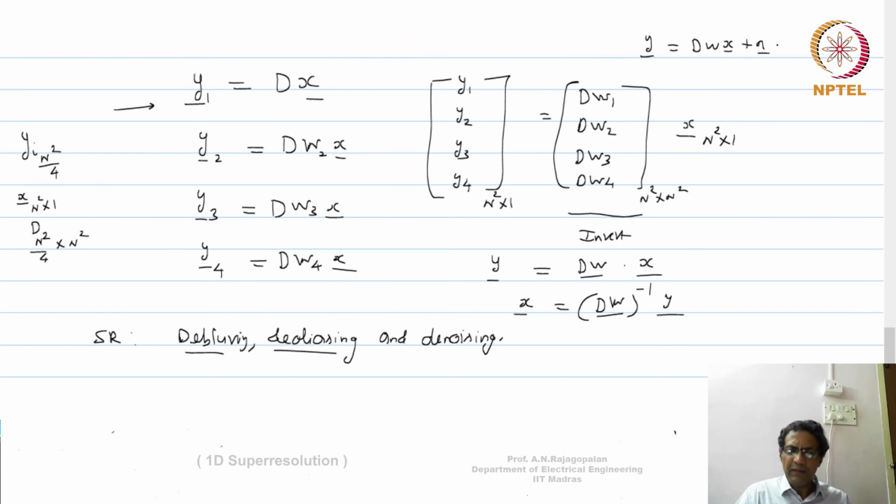Now, let me just give you a 1D example, which will throw some more light on how you can perform this kind of de-aliasing. Let me just take this example of mine.